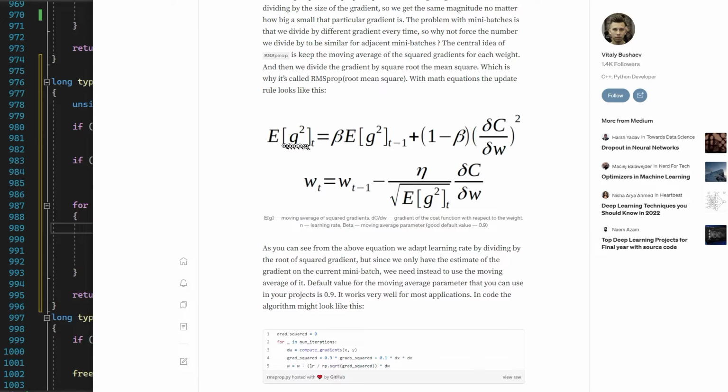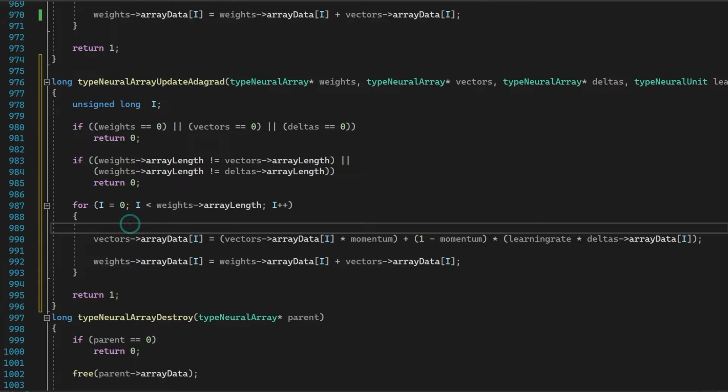Okay, the EG, I don't know what they call this. I've seen this equation before. EG is the adaptive momentum value. So it's like the vector, but it's not really the vector. Alpha, beta, sorry, gamma.